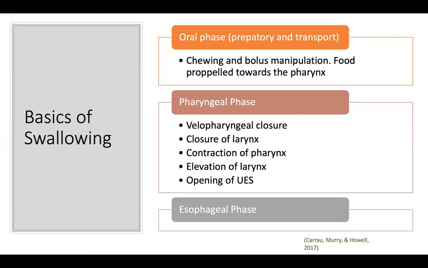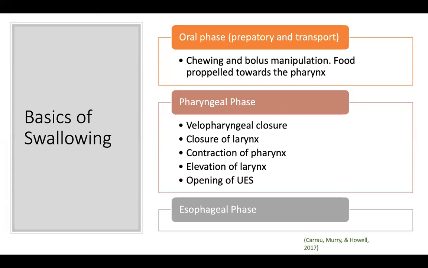But in the oral phase, we chew the bolus, we manipulate the bolus, we control the liquid, and we push or propel the food towards the pharynx. In the pharyngeal phase, there's velopharyngeal closure to prevent food from refluxing to the nasal cavity.